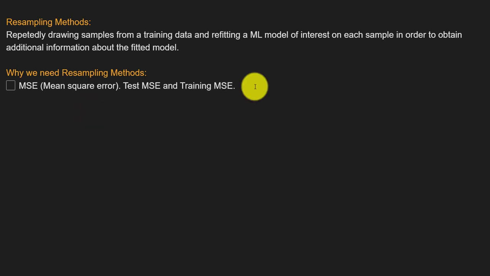We also talked about how finding the test MSE is very difficult, because we do not have a good amount of test data available beforehand in real life scenarios. So in statistical learning or machine learning, we need some way by which we can measure this test MSE.